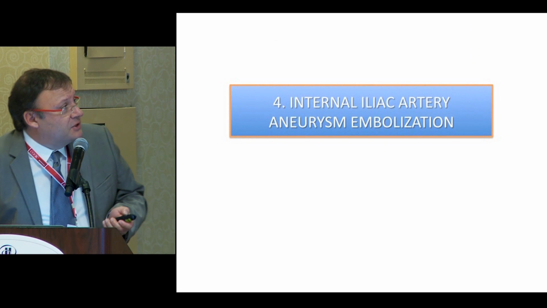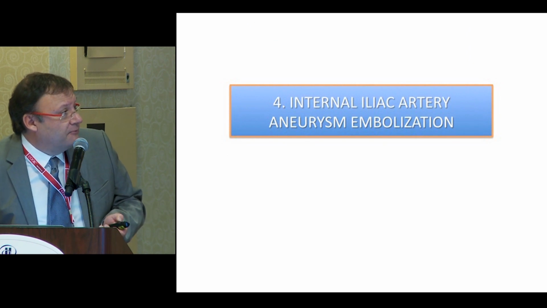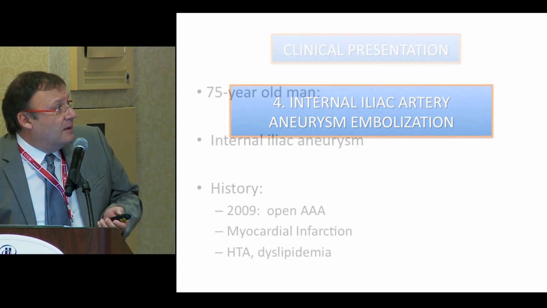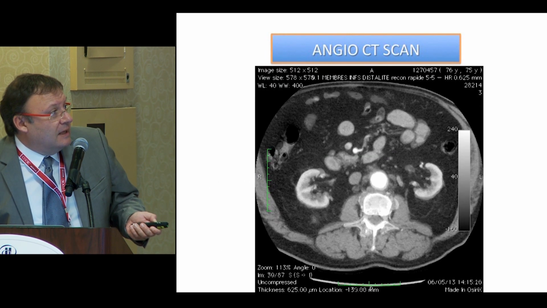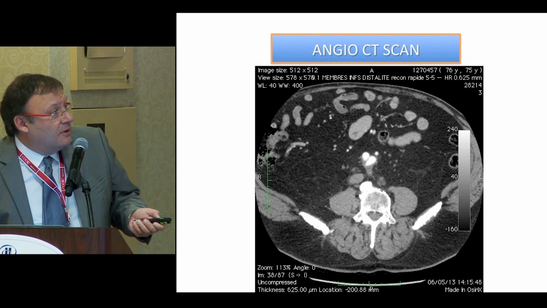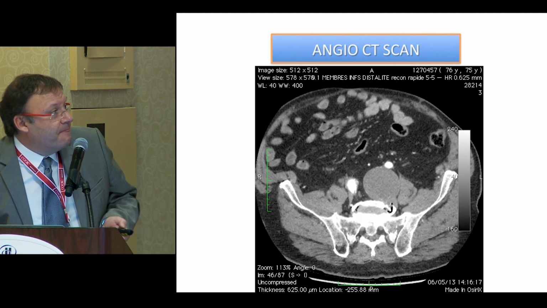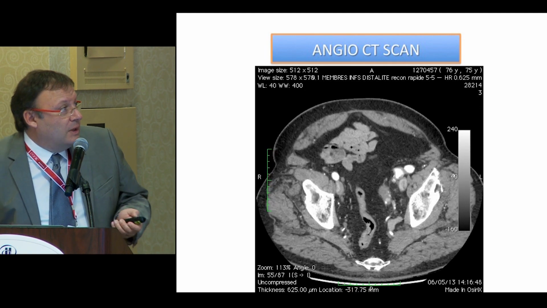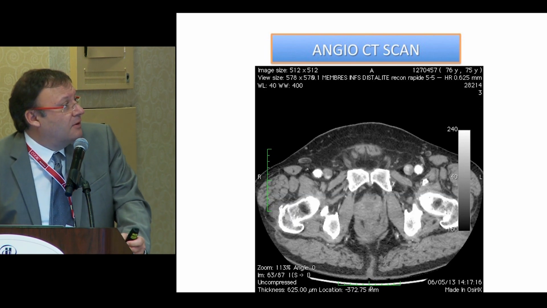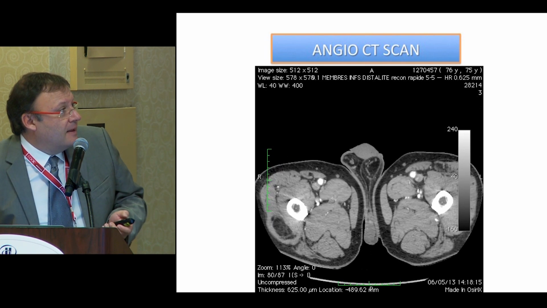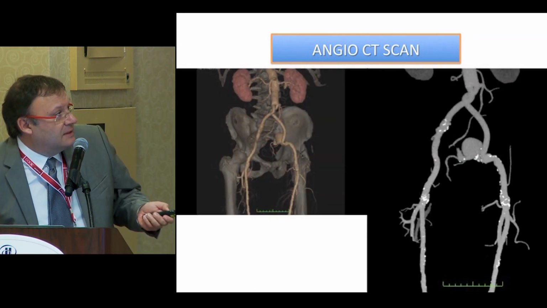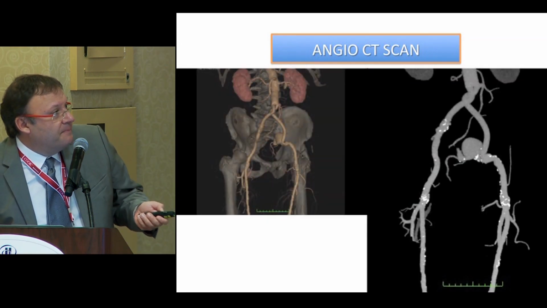The last case was a patient who had been previously treated for AAA, and who had this aneurysm of the left internal iliac artery. We had no neck, and we decided to treat it conventionally with embolization and a covered stent. But in this case, you see the aspect of some tortuosities.